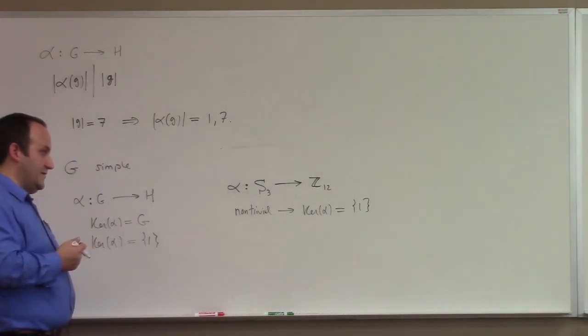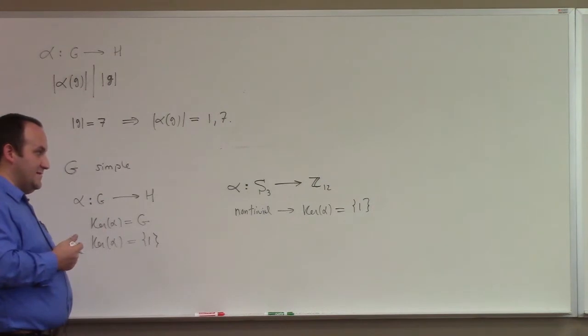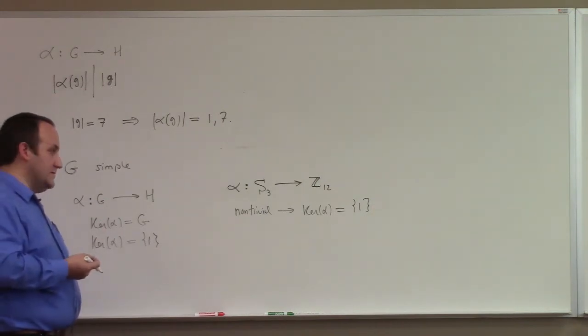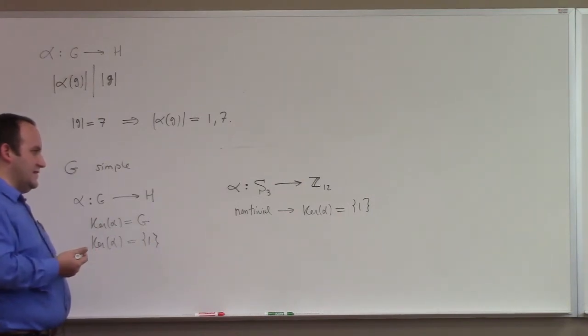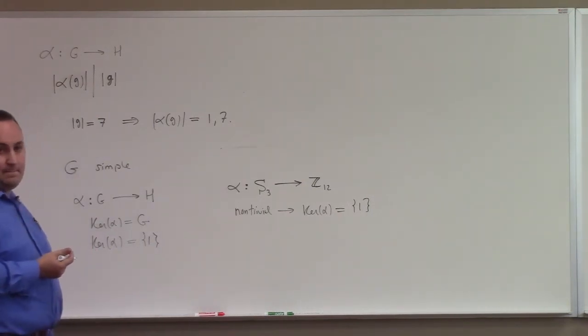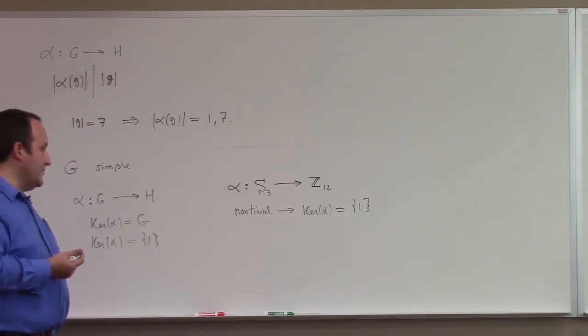But then we're talking about a map on a finite set. So if we know that it's one-to-one, we know also that the orders are different, right?